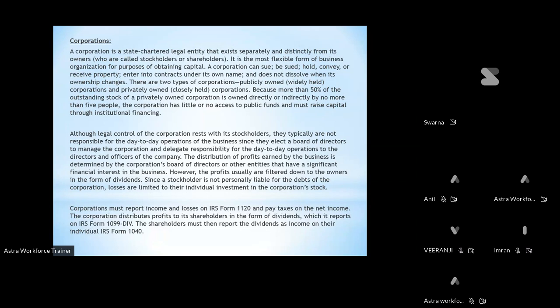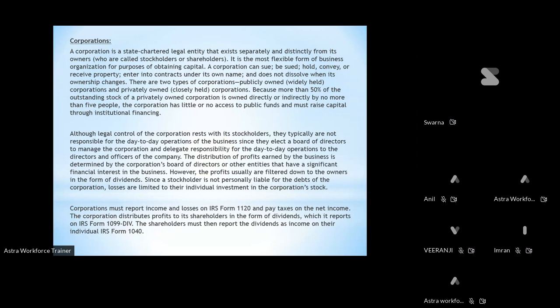they typically are not responsible for the day-to-day operations of the business, since they elect a board of directors to manage the corporation and delegate responsibility for the day-to-day operations to the directors and officers of the company.